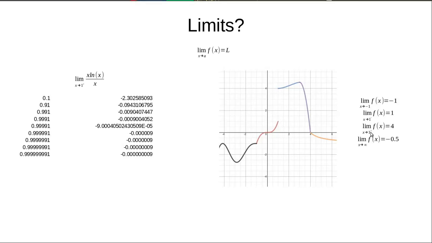If we approach from the other side, which is the positive side, we see that the y value is 4. And if we approach the value infinity, which is something limits can do, we see that we approach approximately the value 0.5.